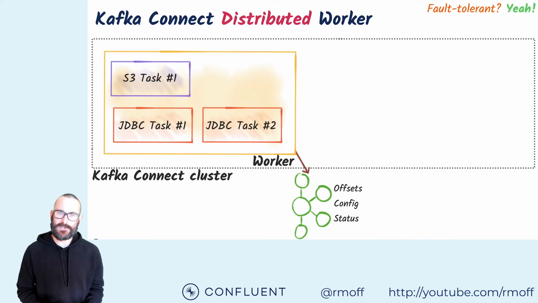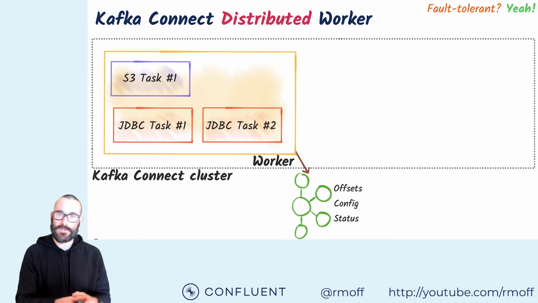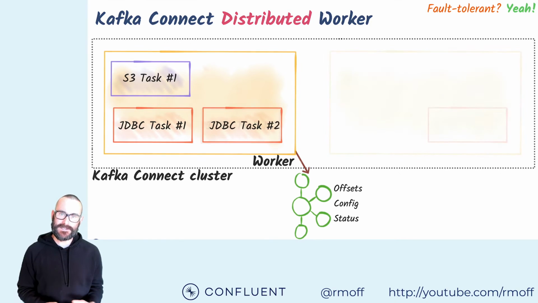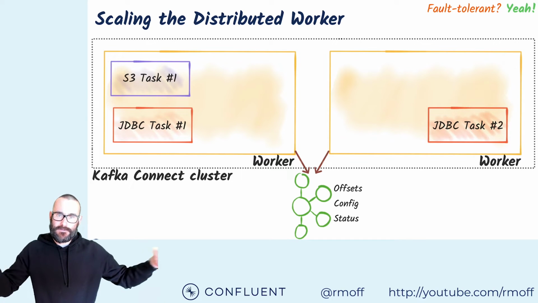Whereas if we run a distributed worker, the distributed worker can run on a single node. It doesn't have to be distributed to actually run the distributed worker. We have a single node running all of our tasks. But it uses Kafka itself to store its configuration and progress and stuff like that, which means that if we add in a second worker, it can find out the configuration and so on from Kafka, and it scales out beautifully.